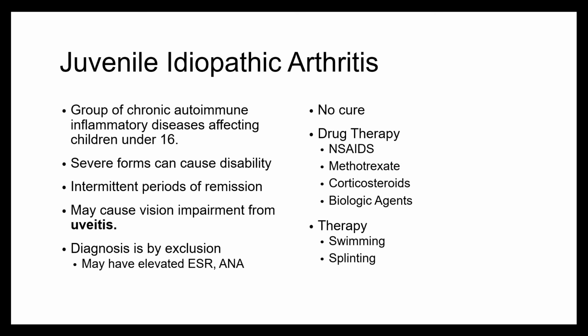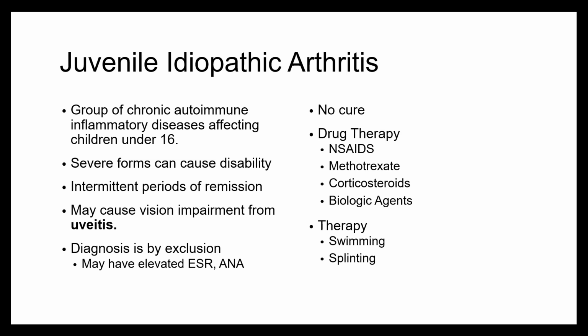Diagnosis is made by exclusion, which means we're going to rule out any other possible cause for the joint pain and the vision problems that are likely going to be present in this child before we rule in that juvenile idiopathic arthritis is the diagnosis. There are several different labs that are going to be done that can help to support the diagnosis. And another criteria for diagnosis is going to be that this child is under the age of 16 and that they are having inflammation that is lasting more than 6 weeks in at least one joint.